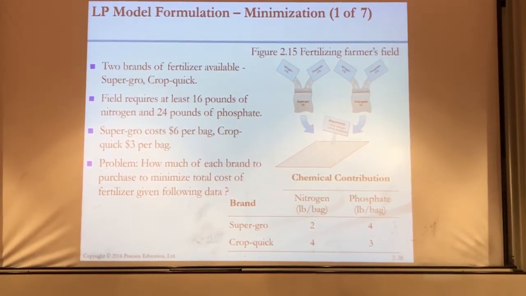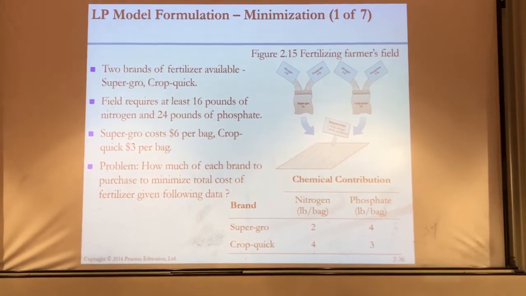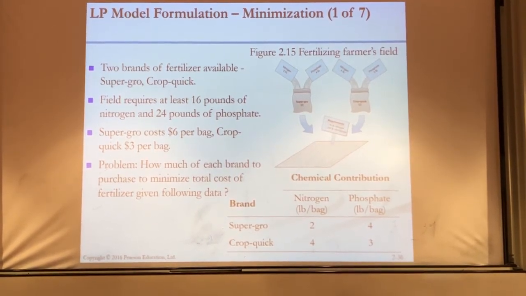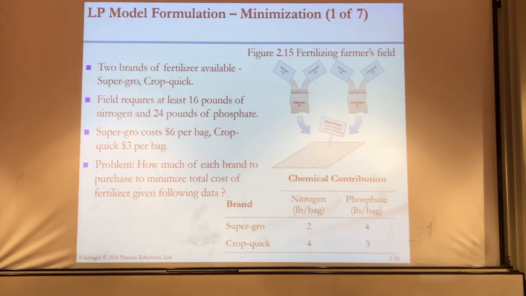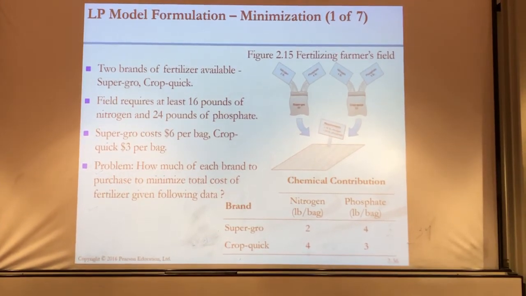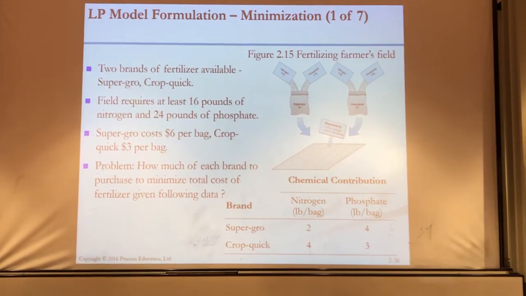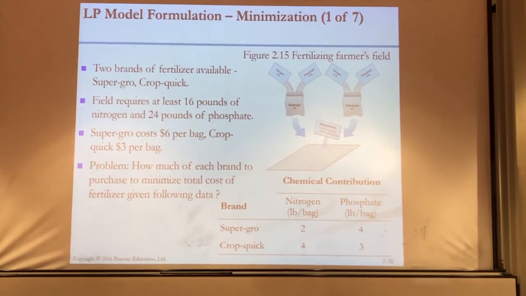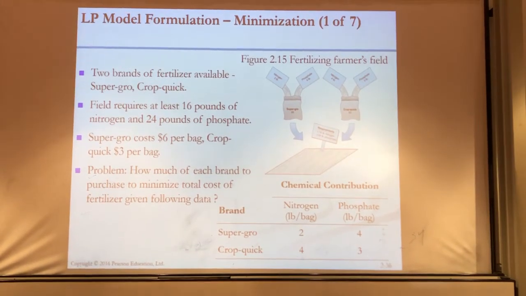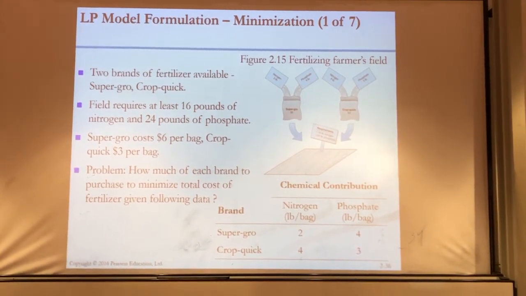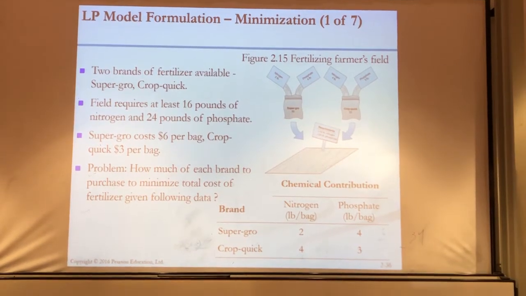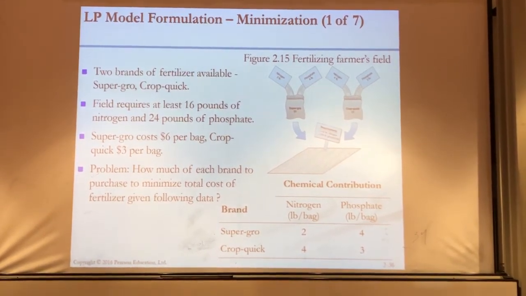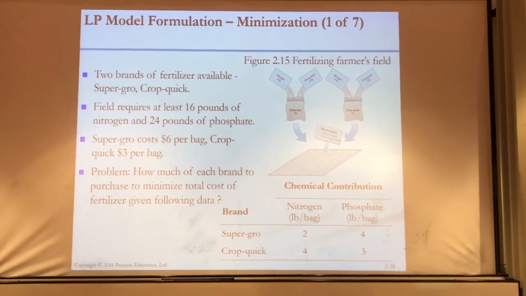These are our decision variables, all right? And what do you think? Is it a maximization problem or minimization? Minimization. It is a minimization problem. The cost has to be minimized.